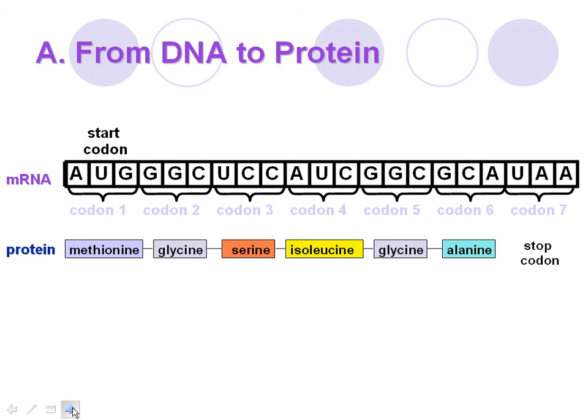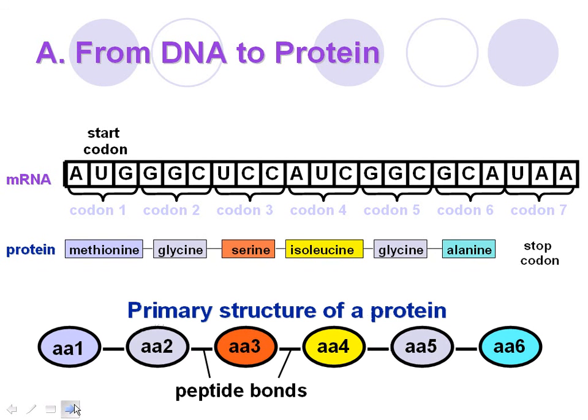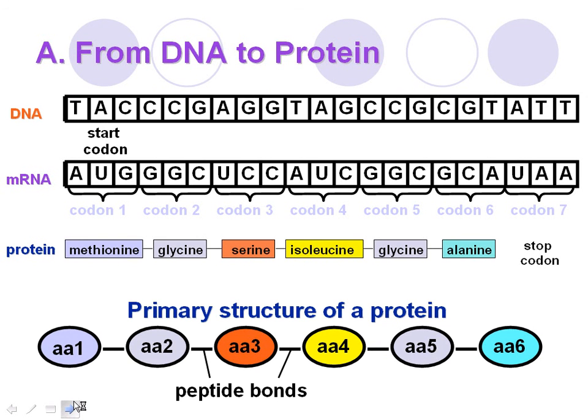We made our messenger RNA, and from the messenger RNA, transfer RNA brought in our amino acids. The amino acids were joined together by peptide bonds through first initiation, elongation, and then eventually our termination sequence, and so we finally yielded the primary structure of a protein, which is its linear sequence.